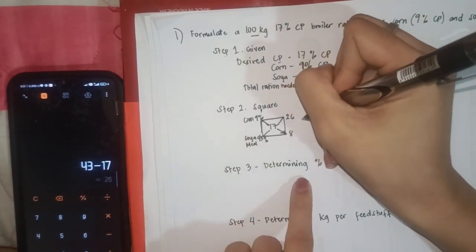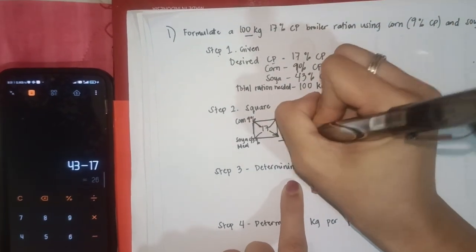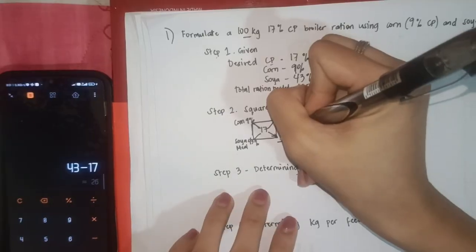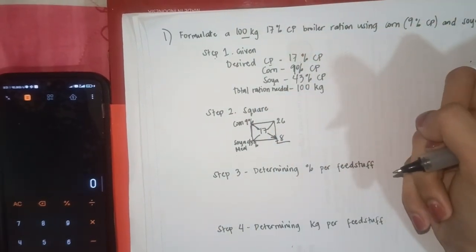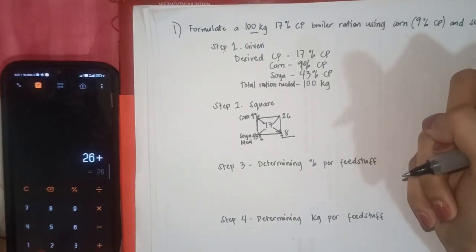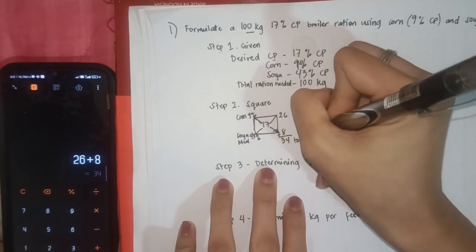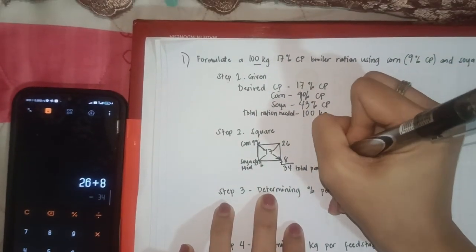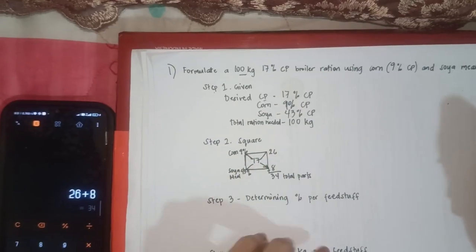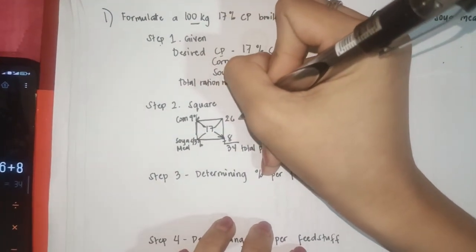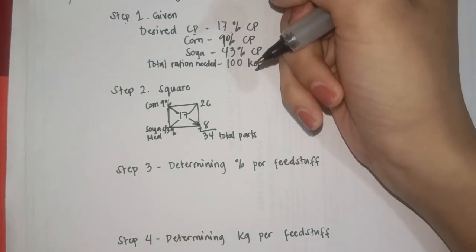So these are the parts per feedstuff that we will be needing. At this point, we add the 26 and the 8 to get the total parts, which is 34. We know that 34 is the total parts for this equation, and then we have to determine whether the 26 parts is for soya meal or for corn.